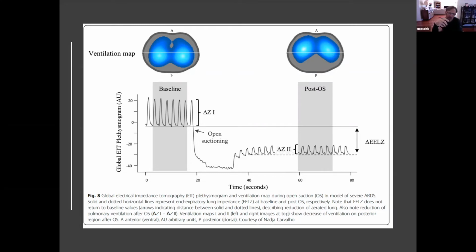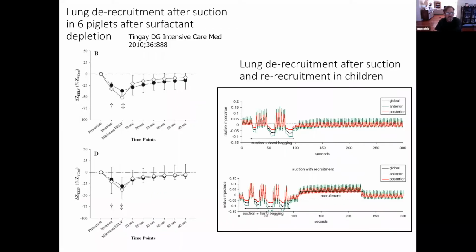So if we educate nurses and show them that after suction you lose significant lung volume, and if you just reconnect the patient afterwards, you don't go back to square one, that you in principle should perform a lung recruitment maneuver. As you can see here, this we did with David in Melbourne in piglets, and on the right hand side this is a human equivalent.